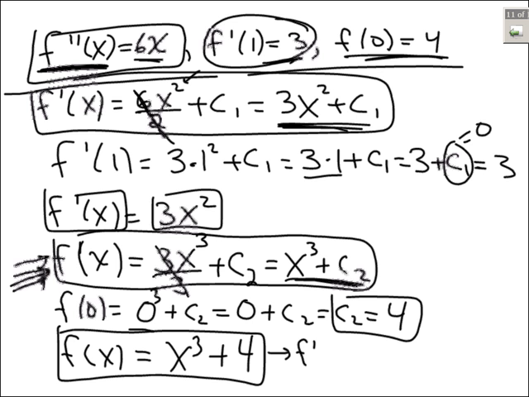The first derivative will be 3x squared, and when you plug 1 in for x, you do get back 3. That is, f prime of 1 is 3. And also, f of 0 is 4 from this rule right here.